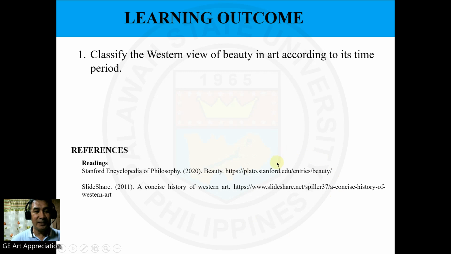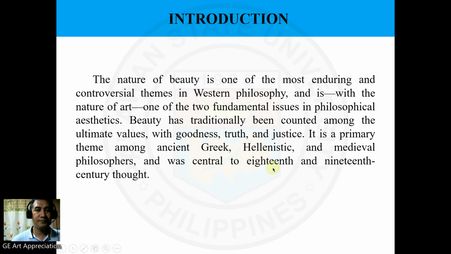These are the references. The nature of beauty is one of the most enduring and controversial themes in Western philosophy, and is, with the nature of art, one of the two fundamental issues in philosophical aesthetics. Beauty has traditionally been counted among the ultimate values, with goodness, truth, and justice.